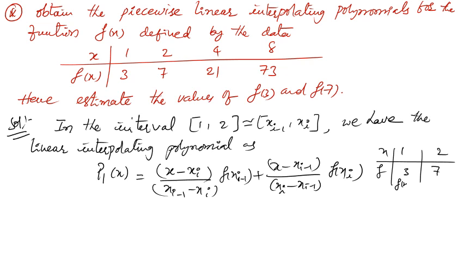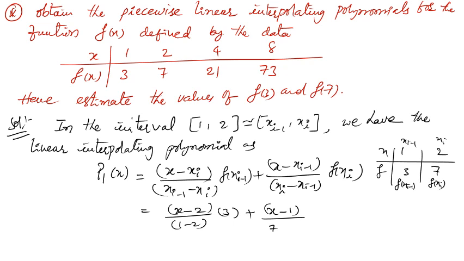So this is f of xi minus 1 and f of xi. So what is the polynomial? We substitute: x minus 2 by 1 minus 2, times 3, plus x minus 1 by 2 minus 1, times 7. After simplification, the polynomial in the first subinterval is 4x minus 1.